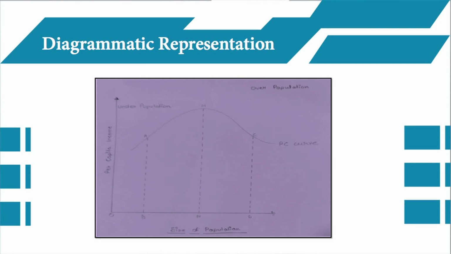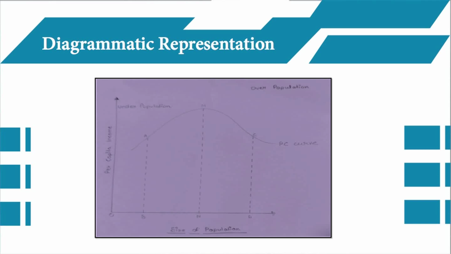You will see that as population increases from OB to ON, the income per capita curve also moves upward. At ON level of population, the income per capita is MN. This MN level of income per capita is the maximum.